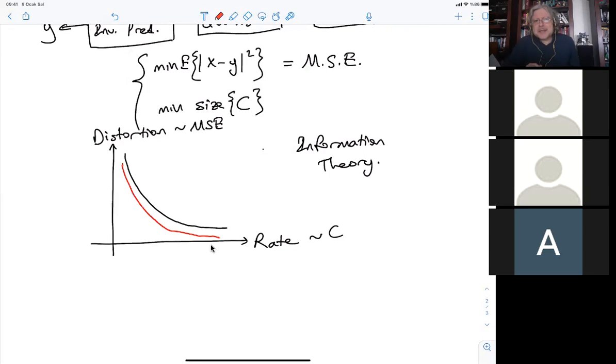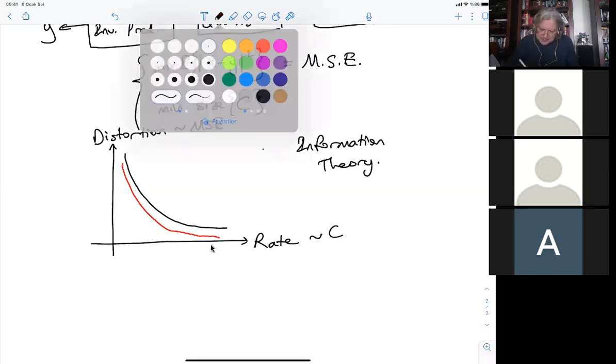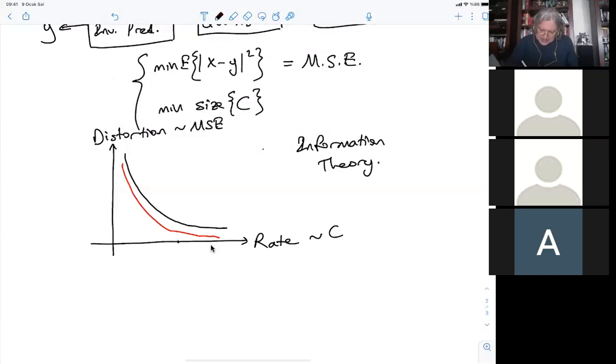As you see, the red one gives you smaller distortion at the same rate, right? This rate R, this is the distortion that one method provides, D1, and this is the other distortion that the other method provides, D2. So which compression method is better in this case? Clearly, the red one is a better compression.